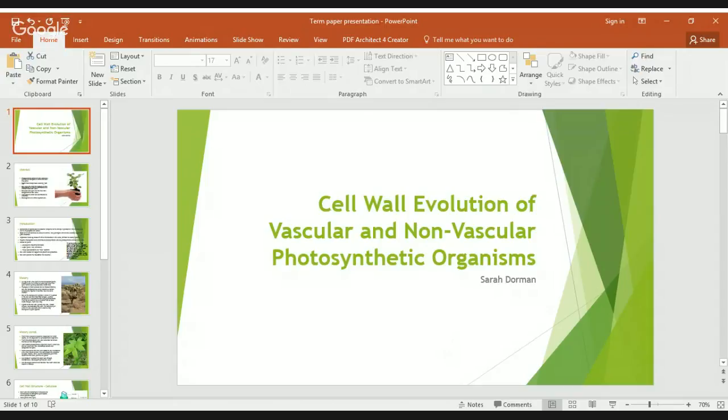Okay, and then the history behind why I chose this topic. Land and aquatic plants are estimated to have split about 912 million years ago. After this initial split, the splits into the different land plants and fungi and bacteria occurred at a faster and faster rate.